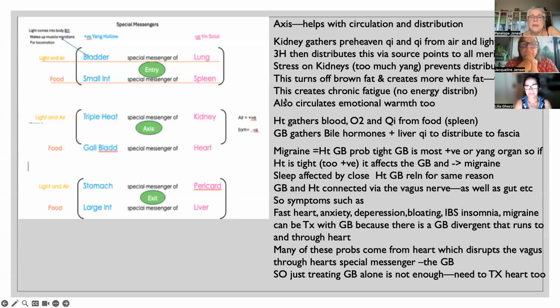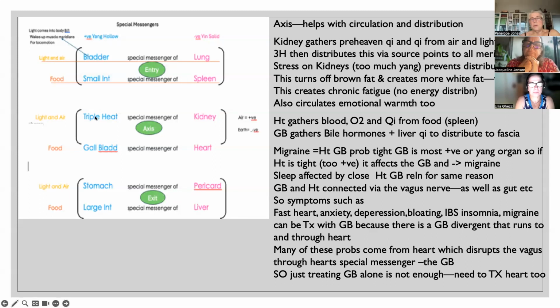The other thing that happens is it creates chronic fatigue because there's no energy distribution by the triple heater. And that's because the adrenal glands are part of the kidney system. And if that gets overloaded, the triple heater can't do its job. So if you're doing anything that involves getting the kidney to work properly, you need to look at the triple heater as well.